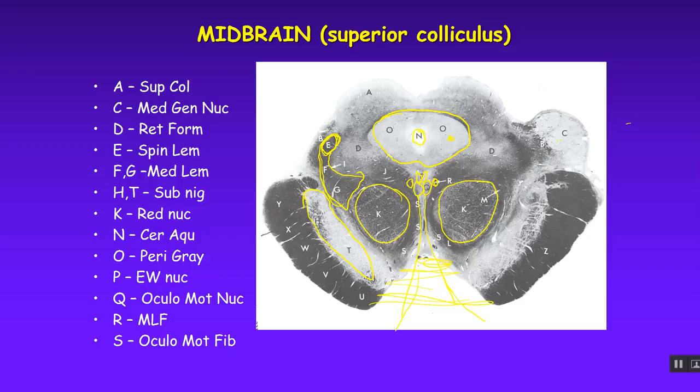We did not hit a section yet that showed the abducens or trochlear nerve nuclei. We missed them in all these sections. However, you are going to see a cross-section when we get into lesions, at a different level, where we actually do see the abducens nucleus and so forth. But we just didn't have it in these sections. Okay.